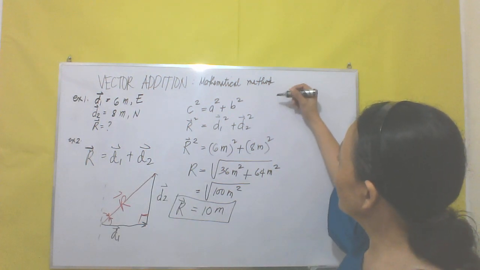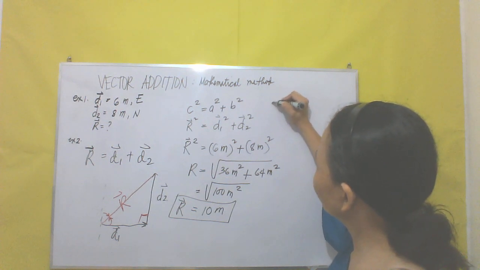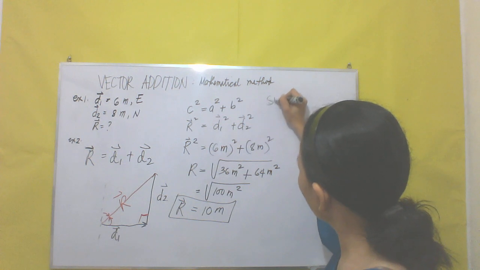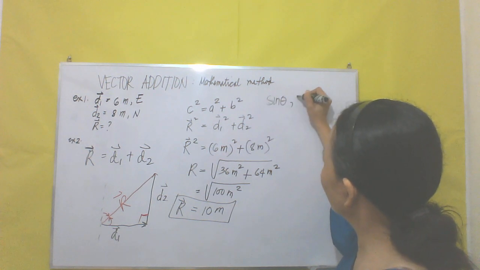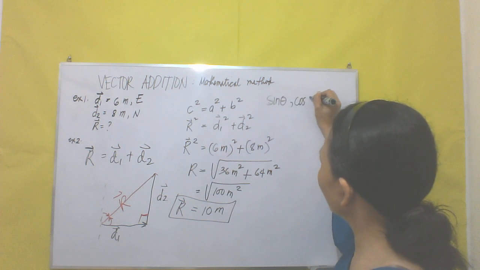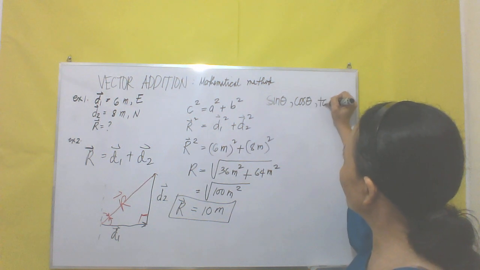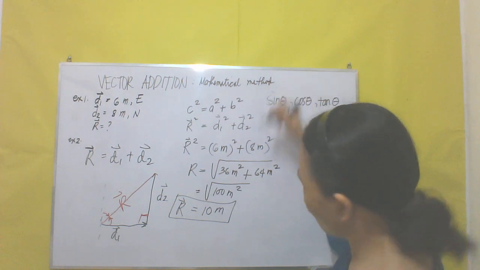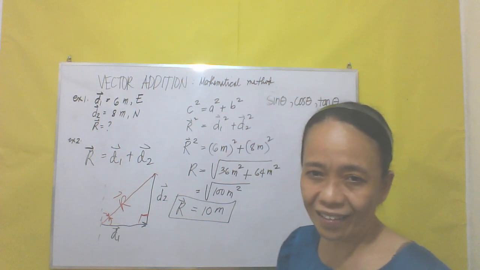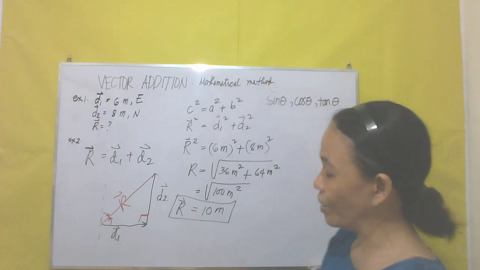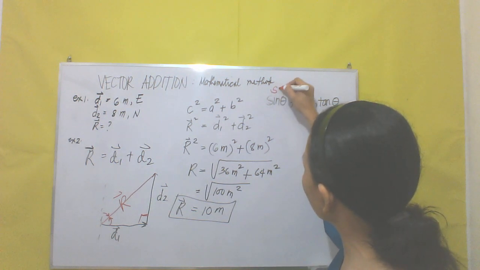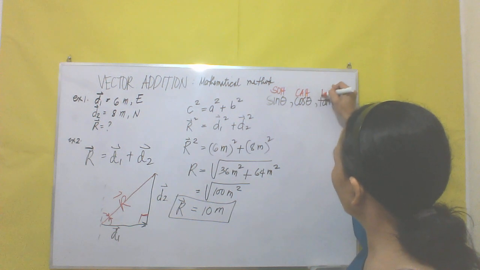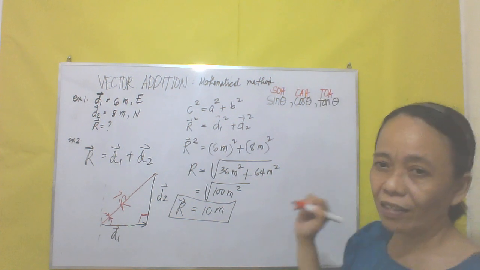So we have the sine theta, the cosine theta, then the tangent theta, or SOHCAHTOA. You're familiar with what we know as SOHCAHTOA.